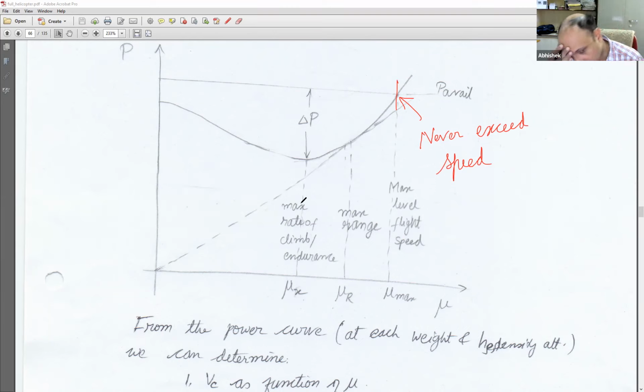best endurance. So endurance is a function of what? What physical parameter of a helicopter is it a function of? Who can answer this?